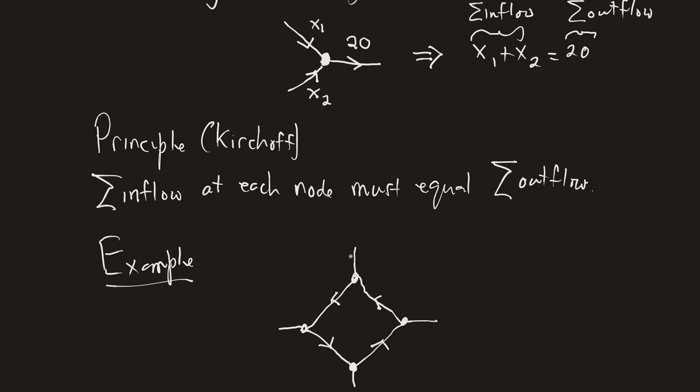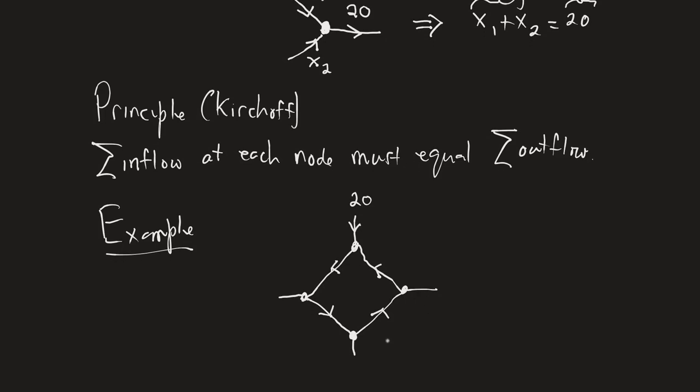So let's say I have 20 going in there. And just to make it nice and symmetric, let's say we have 20 going out there. And then for this one, let's say I have 10 going in to this node. And again, to make it symmetrical, though it doesn't have to be, we have 10 going out.